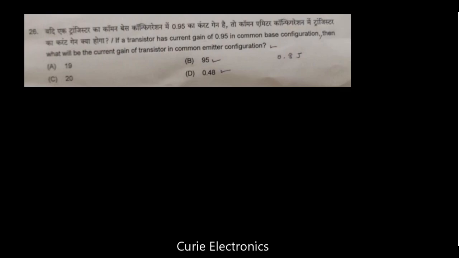Question number 26. If a transistor has a current gain of 0.95 in common base configuration, that means the alpha is given as 0.95. Then what will be the current gain of the transistor in common emitter configuration? That means we have to find beta. It is simple. We know one relation: beta equals alpha upon 1 minus alpha.